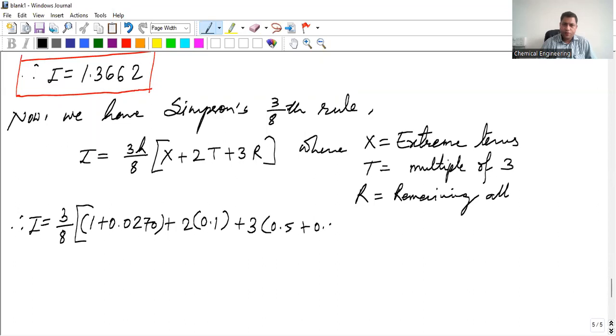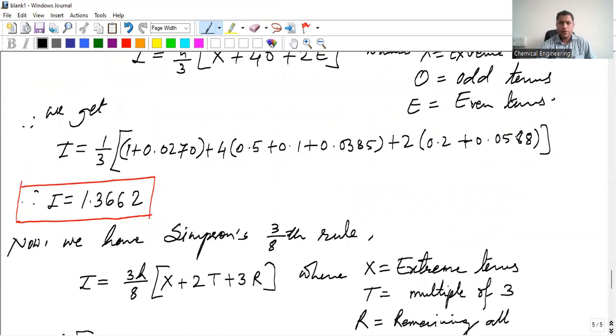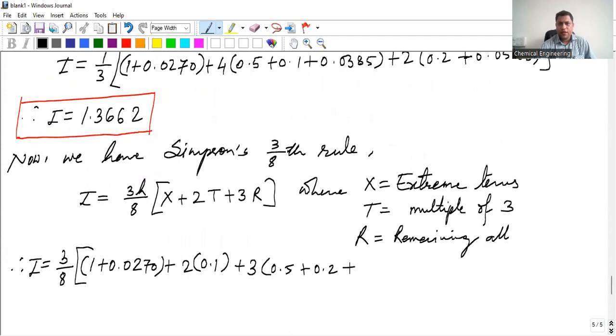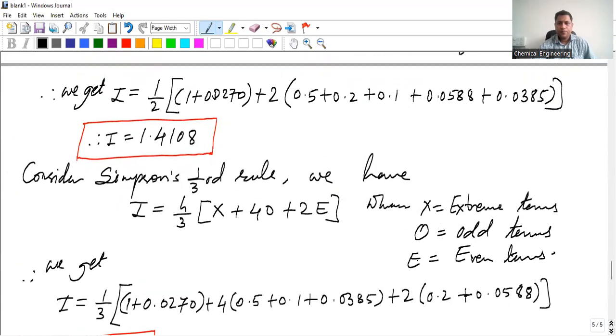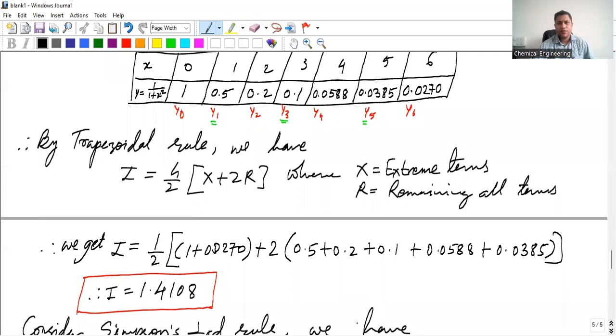So it's 0.5 plus 0.2 plus 0.0385 plus 0.0588 plus 0.0384. Okay, so we got all the values.